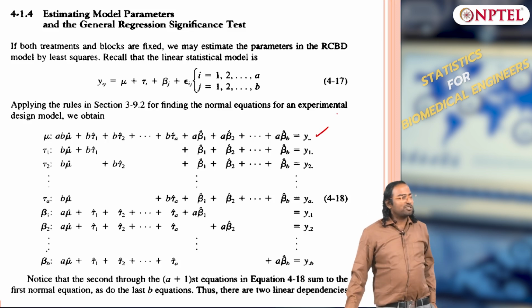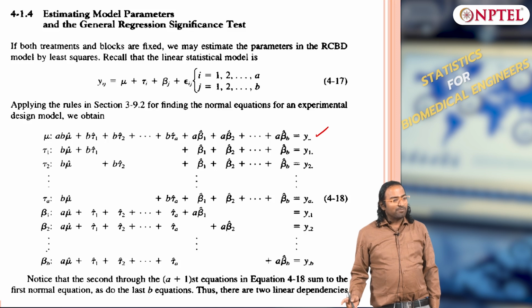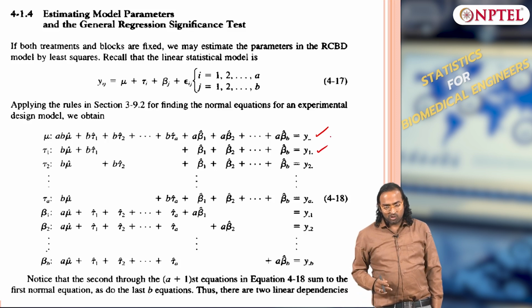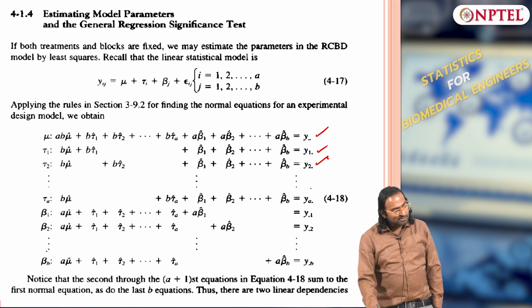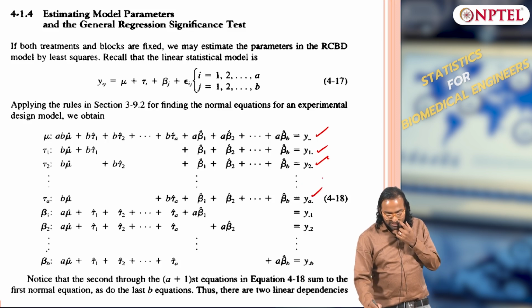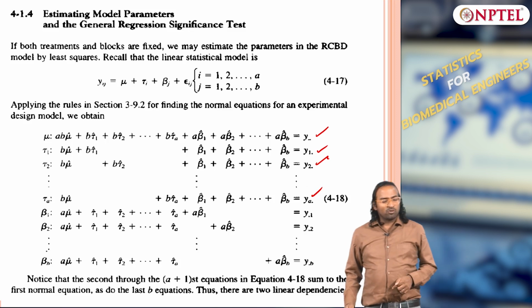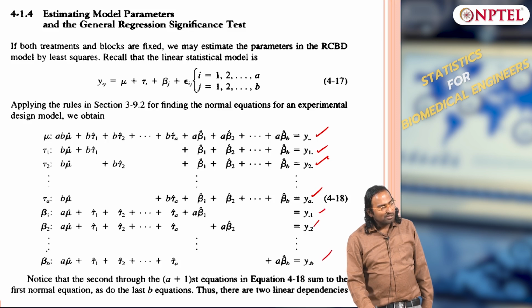Tau 1 appears along the first row alone, so it is y1 dot, tau 2 appears in the second row, y2 dot, and tau a appears in the a-th row, so this is ya dot. And similarly for blocks, y dot 1, y dot 2, up to y dot b.